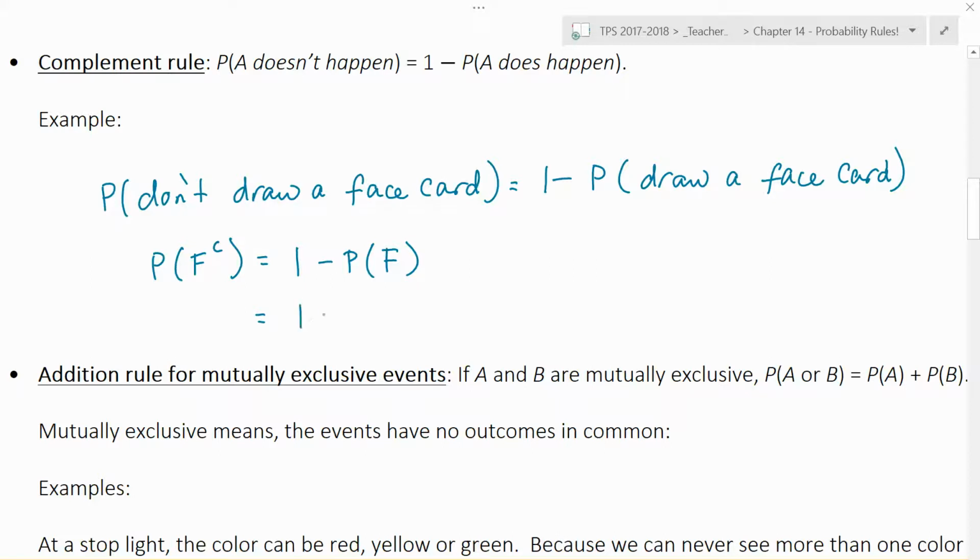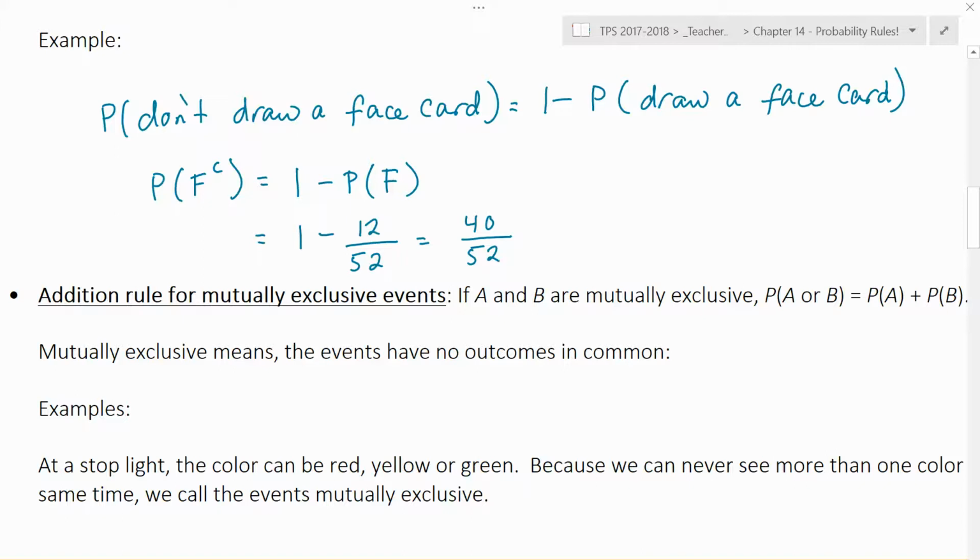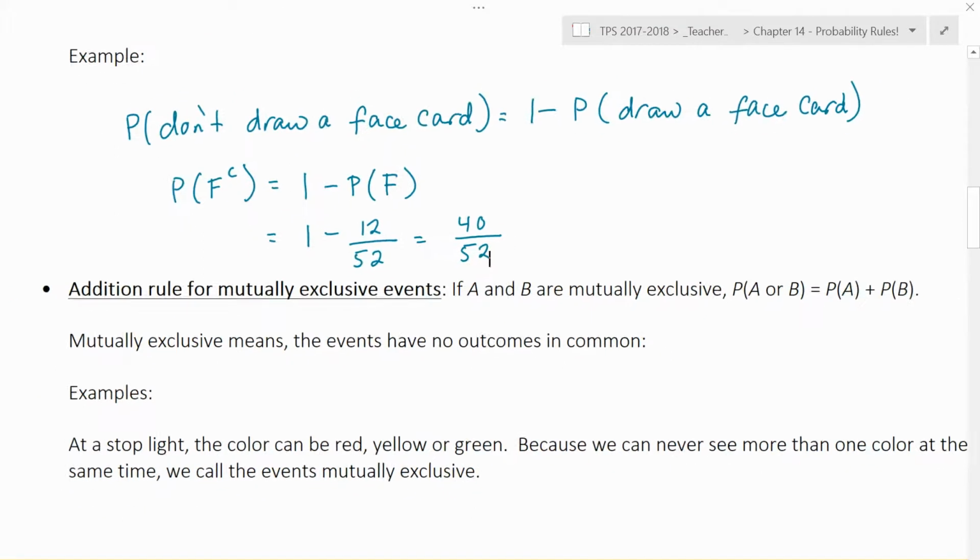So 1 minus 12 over 52 would give us 40 out of 52, and we should notice that 40 is the number of cards in a deck that are not face cards, and 52 is the total number of cards in the deck.